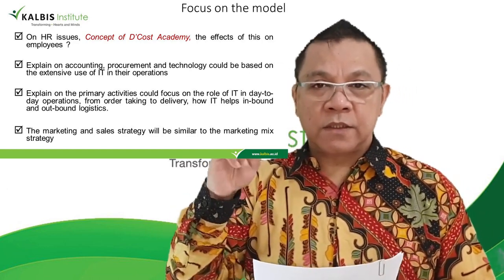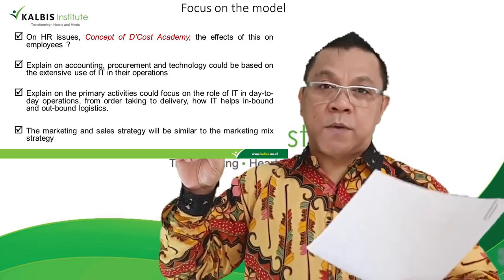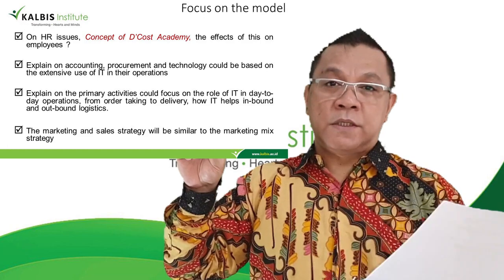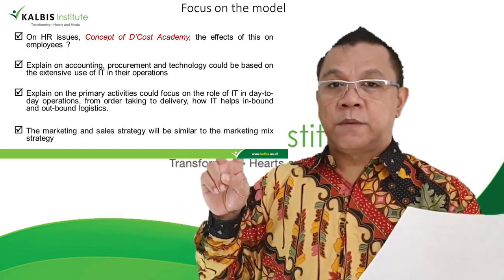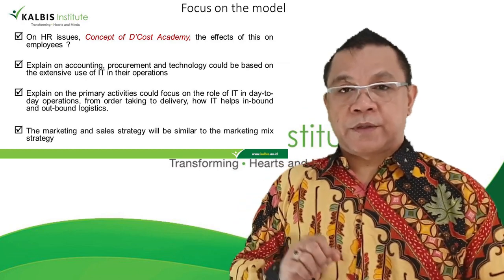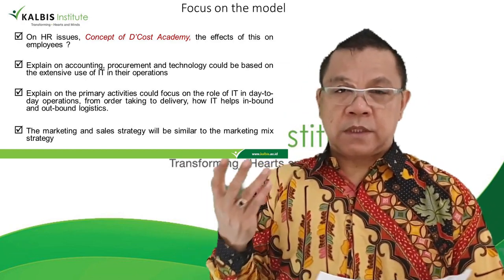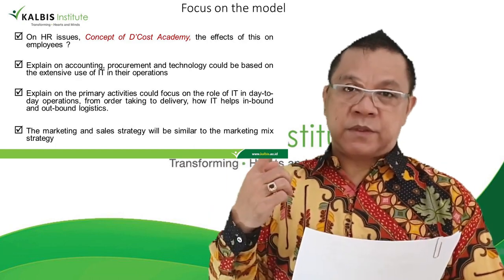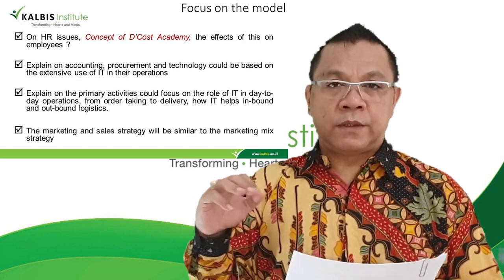And the second, please explain about accounting, procurement and technology, which could be based on the extensive use of IT in their operations. And the third, explain the primary activities, focusing on the role of IT in day-to-day operation.